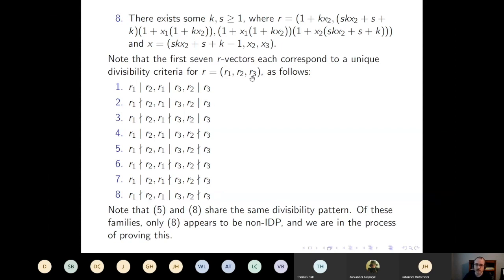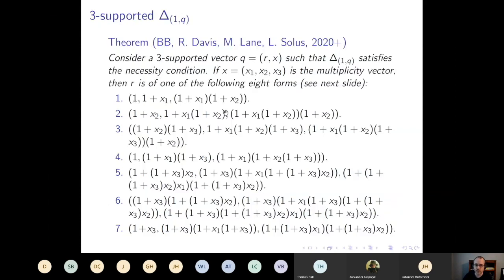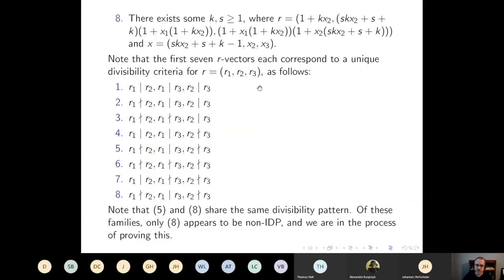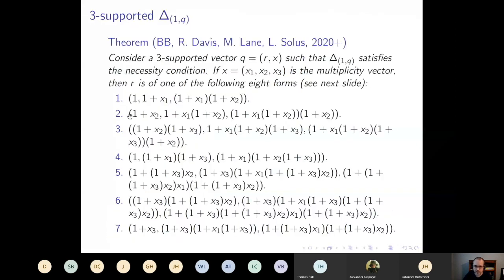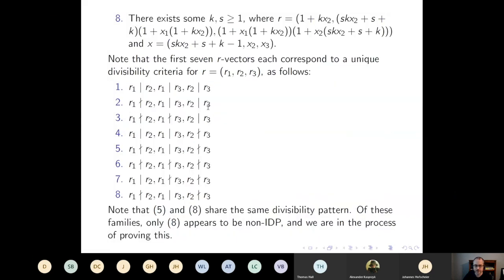So if I tell you I want a reflexive IDP delta 1q with multiplicity vector x1 through x3, where the first distinct weight does not divide the second one, it does divide the third one, and the second divides the third one, it's going to have to be this. This 8th one, the divisibility pattern is a duplicate of divisibility pattern 5.